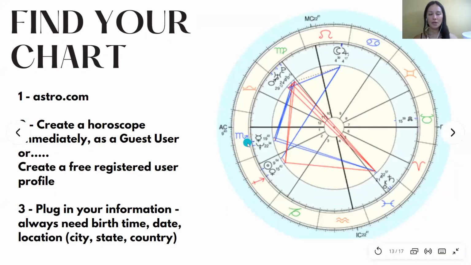Scorpio rising. So now we're going to look at what planet rules Scorpio. We saw this before, and the planet that rules Scorpio is Pluto. Mars rules Scorpio as well. So we'll just write down Pluto and Mars. Because back in the day, they didn't have Pluto.